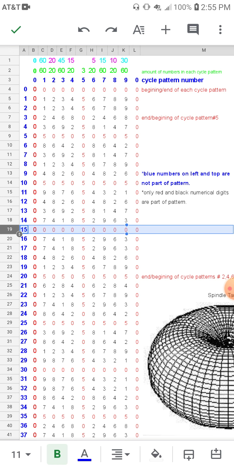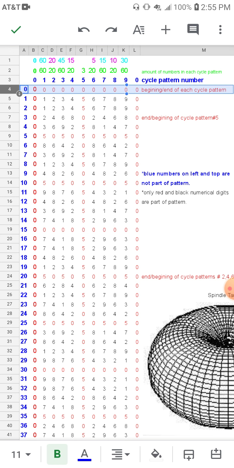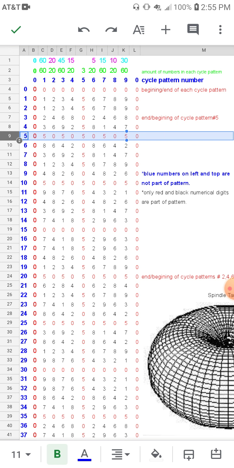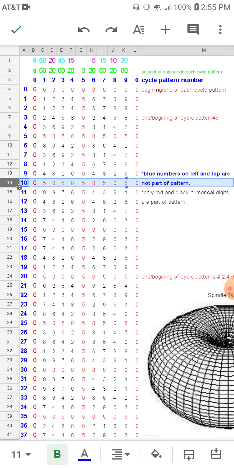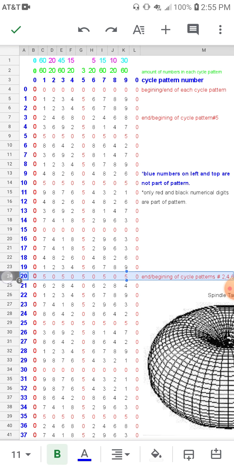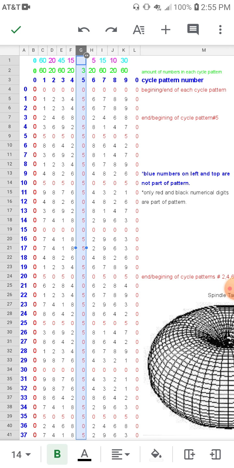And if you look at them, it's a 0, 5, 5, 0, 5, 5, 0, which is this pattern, the 0, 5, 5, 0. Which makes me think that these are 3 parts to a puzzle. The Fibonacci sequence is actually the first part of the puzzle.